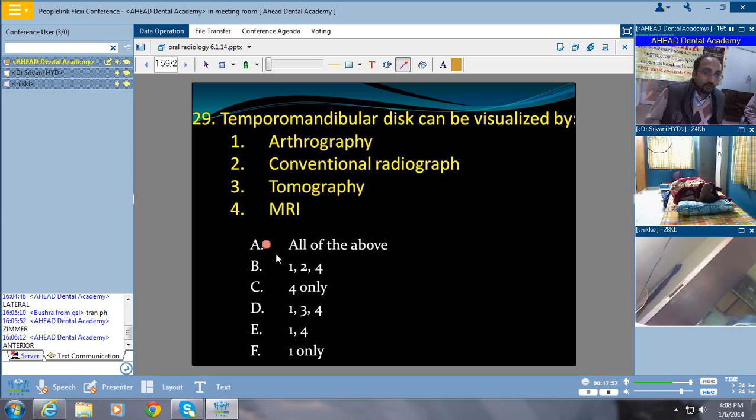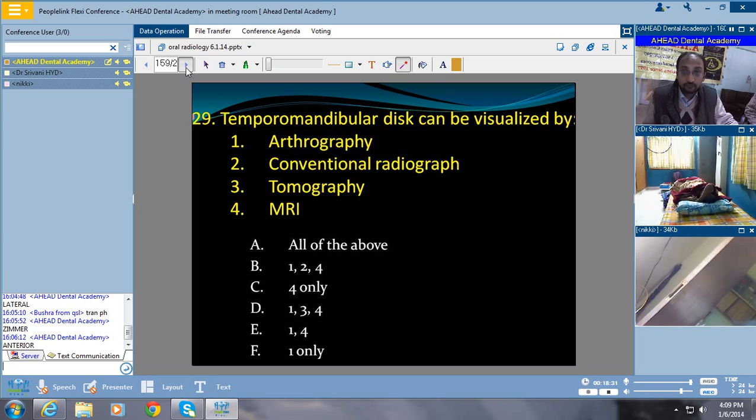In arthrography, we are able to visualize the articular disc indirectly. How? We place contrast media in the superior space and another in the inferior space, and in the middle the articular disc is left. So the temporomandibular disc can be visualized by both arthrography as well as MRI. Is it clear?